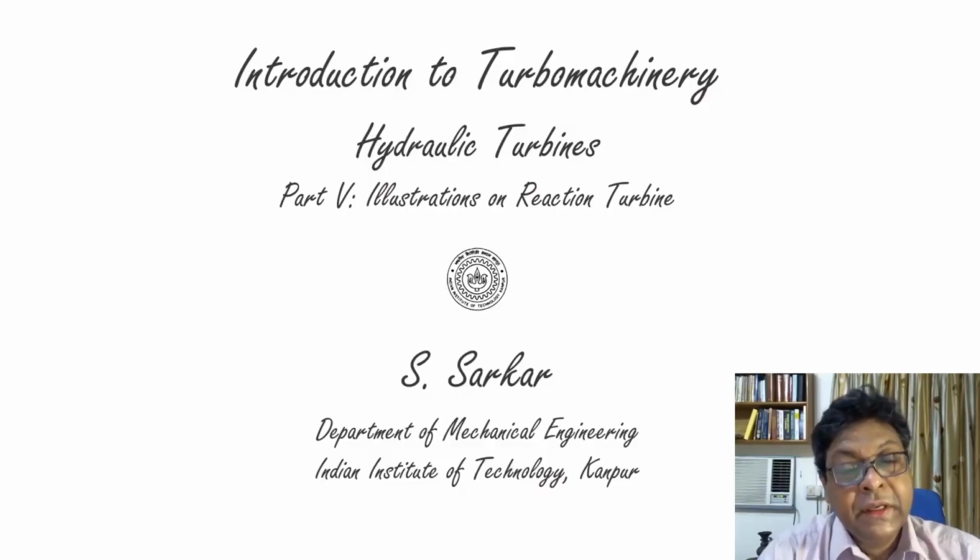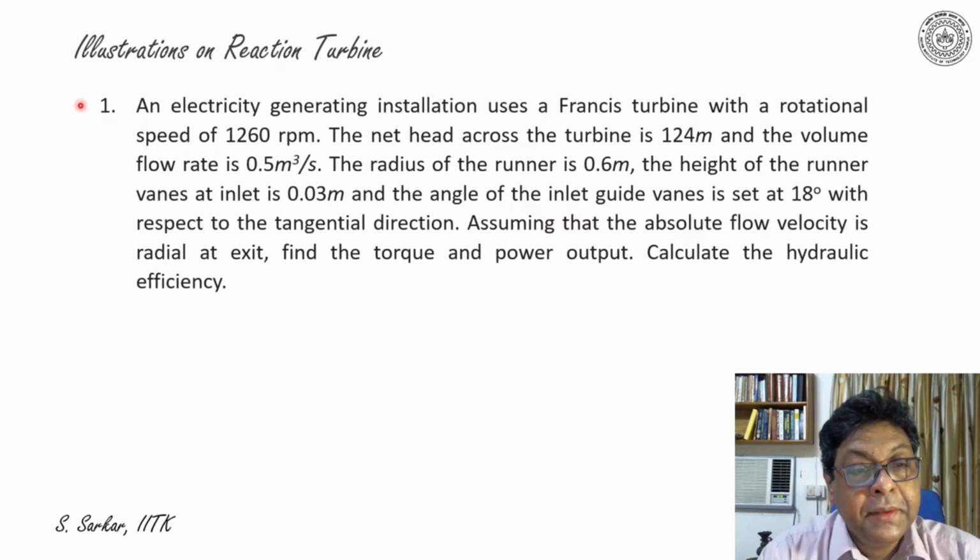Good morning. Today I'll solve some problem on reaction turbine. An electricity generating installation uses a Francis turbine with a rotational speed of 1260 rpm. The net head across the turbine is 124 meter and the volume flow rate is 0.5 meter cube per second.